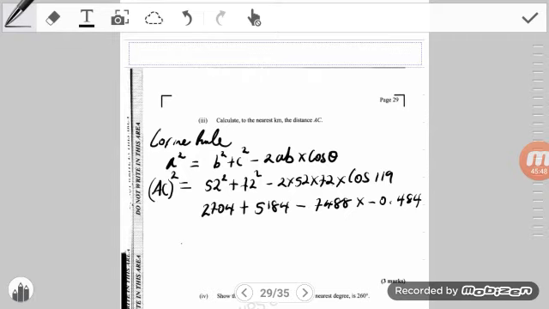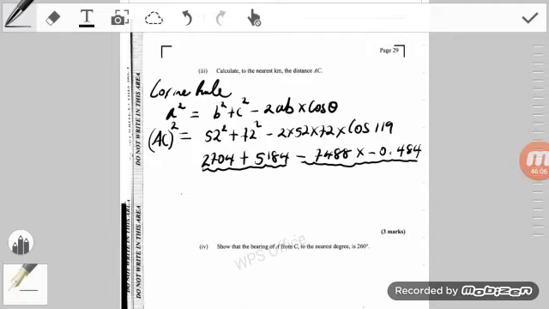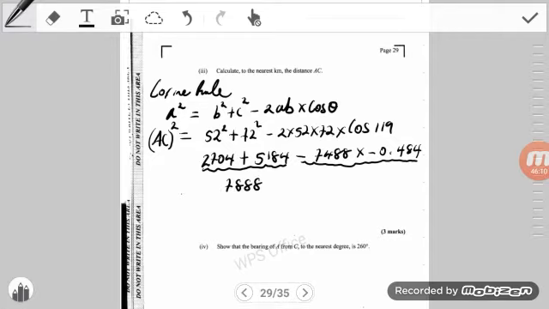Good. So now we're going to be adding here, and we're going to be multiplying these two over here. So let's add. We're going to have 2,704 plus 5,184, and that's going to be equal to 7,888. We're going to subtract and do the multiplication here.